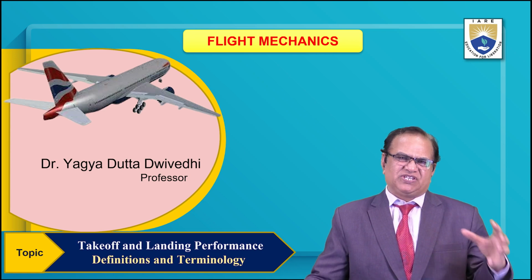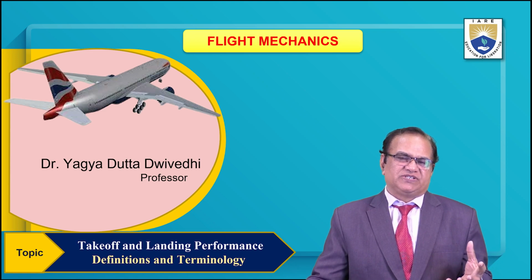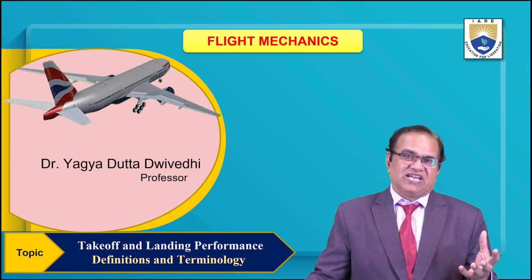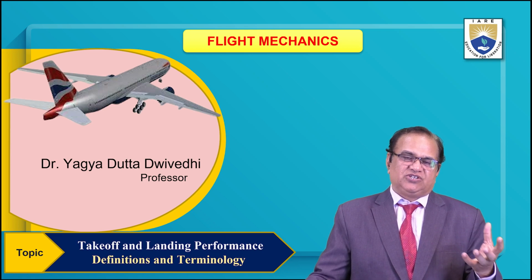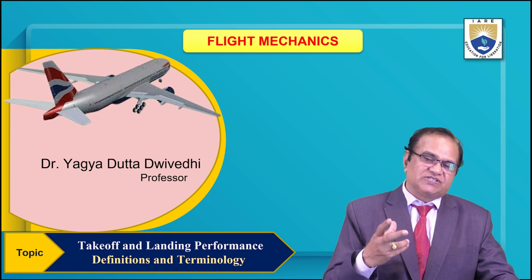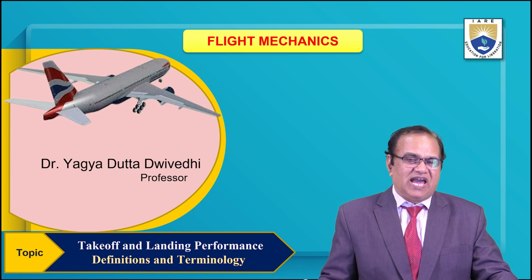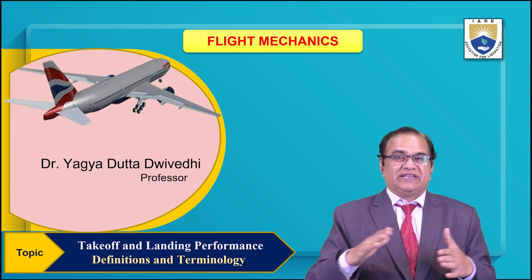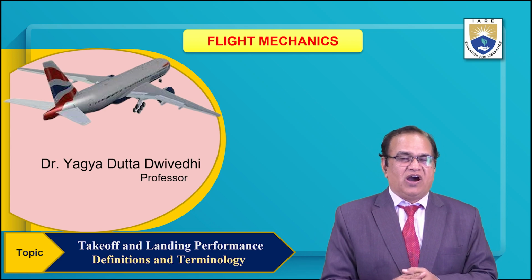In that we have the basics of aerodynamic topics like lift, drag coefficient, lift coefficient, pitching moment, then parasite drag, induced drag, drag polar, CD is equal to CD naught plus K CL square. Also in the first module we studied the International Standard Atmosphere, ISA. In that, troposphere, stratosphere, mesosphere, and their change in temperature, density and pressure we have already done.